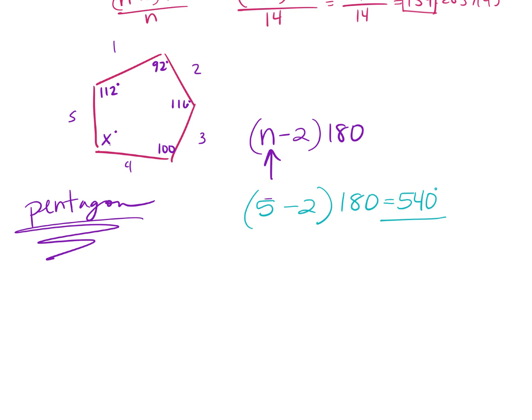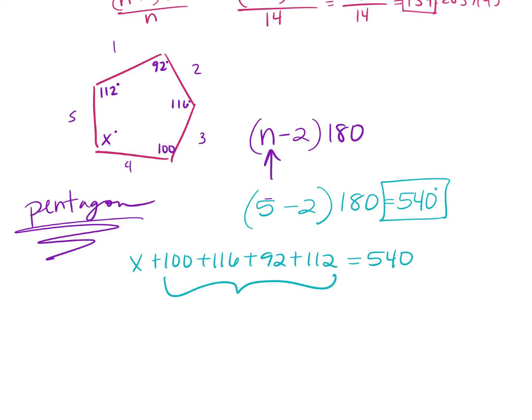So if that's the setup, if I know the sum is 540, then I can say x plus 100 plus 116 plus 92 plus 112. So add up the 5 and set that equal to 540. And then whatever this comes out to, you would just subtract it from both sides. Anyone know that off the top of your head?